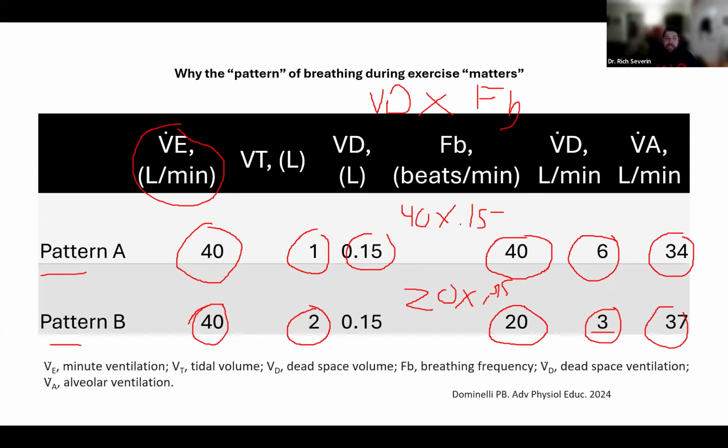So this illustrates how being able to generate bigger breaths, creating more volume, allows us to breathe more efficiently by getting more of the air that we breathe into the lungs actually down to the alveoli and not just wasted to dead space.